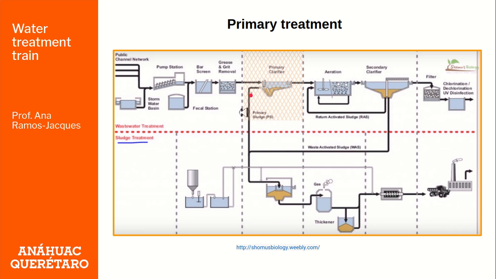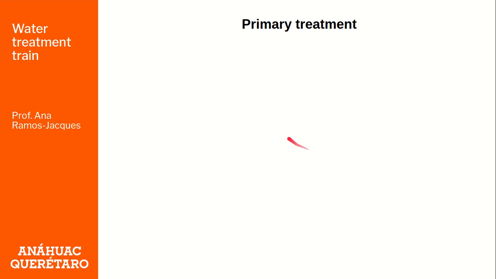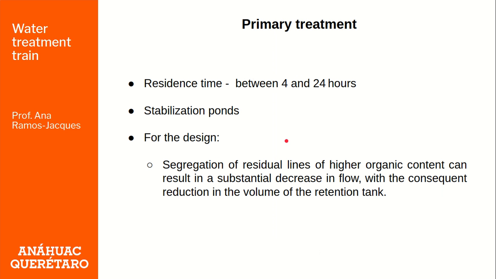Then you separate the solids, and you obtain the primary sludge, and then the liquid goes to the next step. For the primary treatment, the time is between 4 and 24 hours.